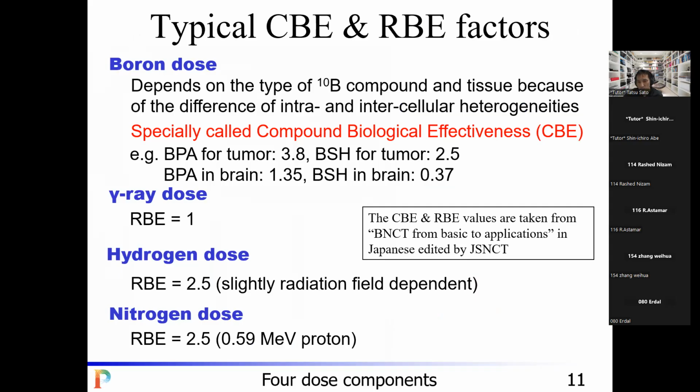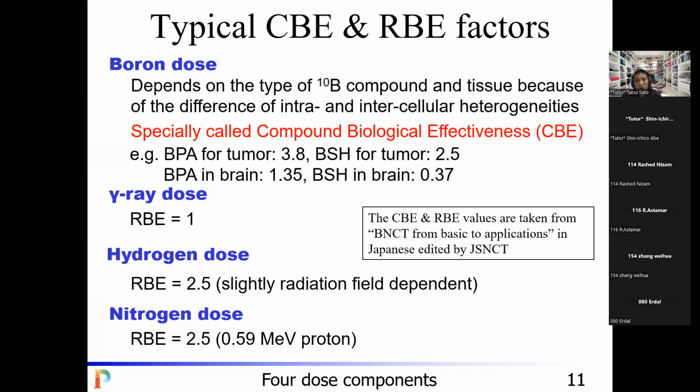And in addition, in the BNCT case, a special quantity called compound biological effectiveness, CBE, was introduced, because, as I said before, the boron concentrations are different by tissue.